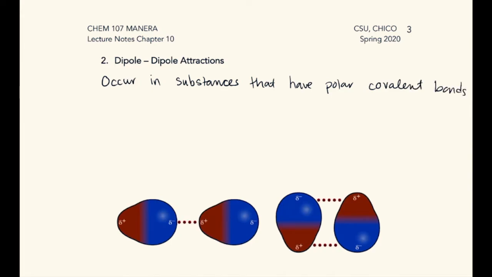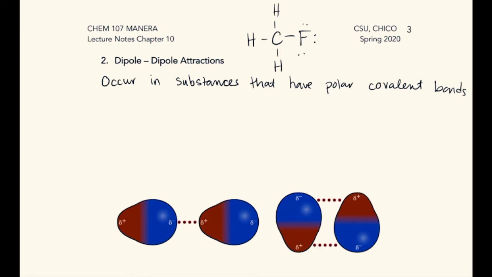Okay. So imagine something we already said is polar, like water, maybe, or maybe C. If I look at this molecule, it's going to be a polar molecule.